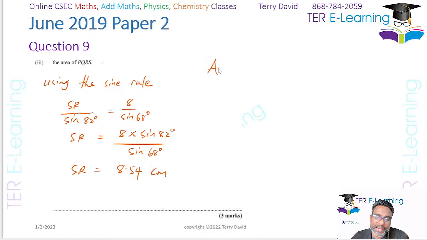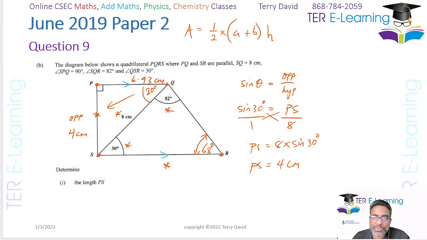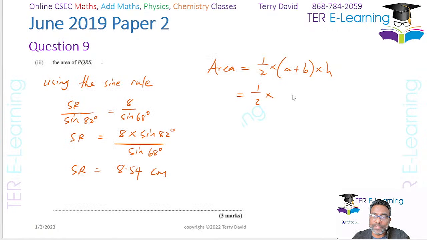So the area of that trapezium is given by this formula. It's a half multiplied by the sum of the parallel sides, which is 6.93 and the length we just got, so 6.93 plus 8.54, multiplied by the height. What was that height?